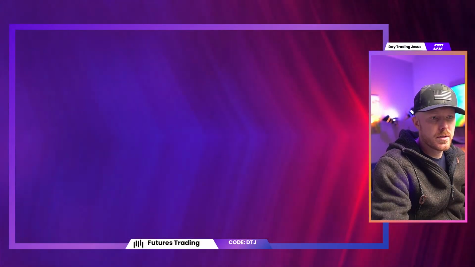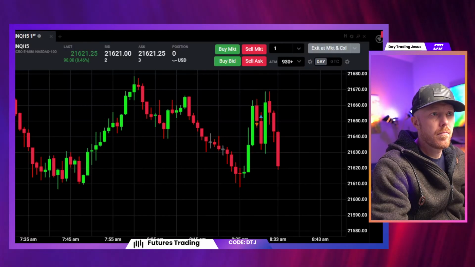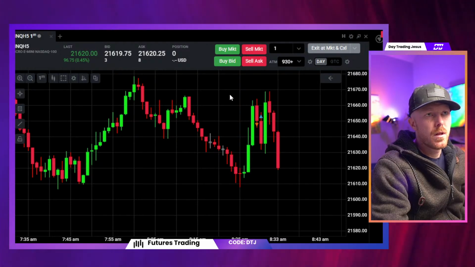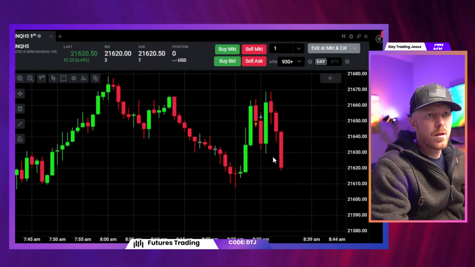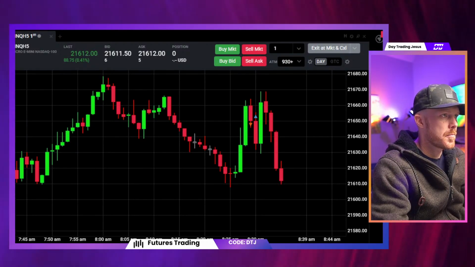I don't think my screen's set up. There we go. For executions on this screen, you're only going to see one contract. Inversion right here. However, there is a volume imbalance right here. Do you see that small volume imbalance? I didn't like that on taking the inversion to the downside.